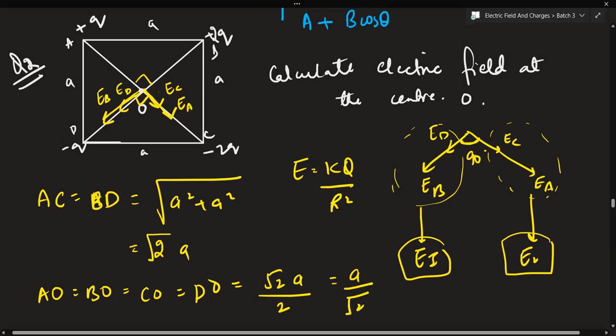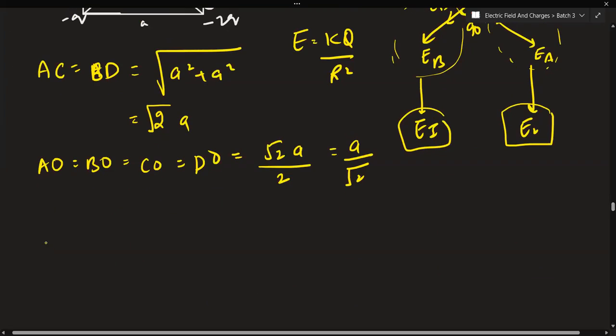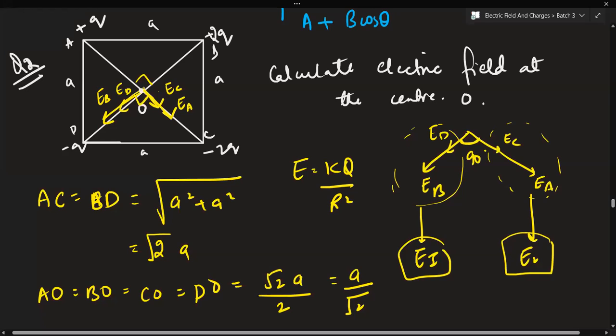See, ED means the charge is minus Q. The general formula is KQ by R squared. Now at point D, we are calculating the electric field at point O because of this point D. D has the charge minus Q. We consider the magnitude of the charge.